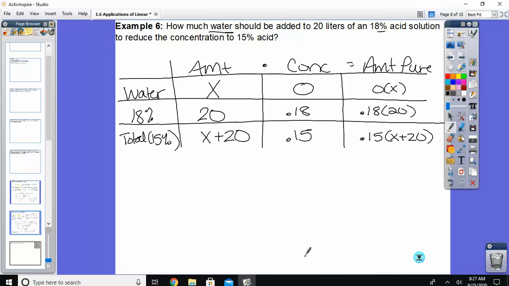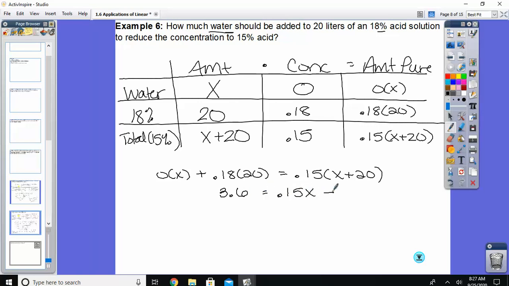And then we know the formula is the same every time. You add the first two, add the ones you're mixing together to get your total. So 0 times x is just 0. We can get rid of that. 0.18 times 20 is 3.6 equals 0.15x plus 0.15 times 20 would be 3.